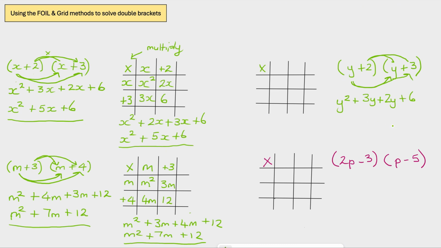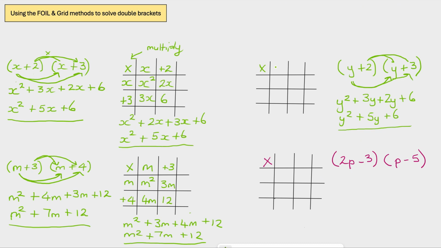Collect like terms, simplify, tidy it up. Y squared plus 5y plus 6. There we go. As I said, this is the way I prefer it, but you choose what you feel comfortable with.